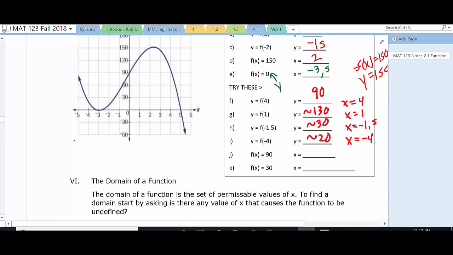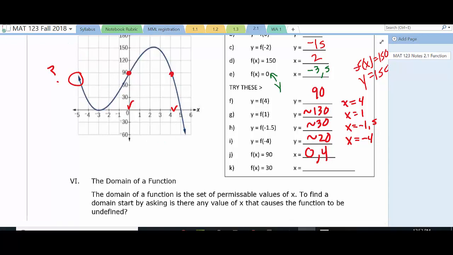How many places on my graph does it look like y is 90? Probably 2. Probably here, probably there. This one is kind of hard to tell. Okay, I'm just going to bypass, although if you put that on there, it wouldn't matter. So it looks like x is 0 to give that y value, and over here it looks like x is 4. If you put negative 5, that's okay too, all right?